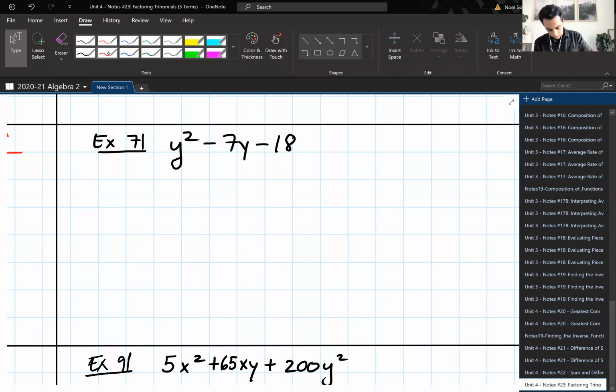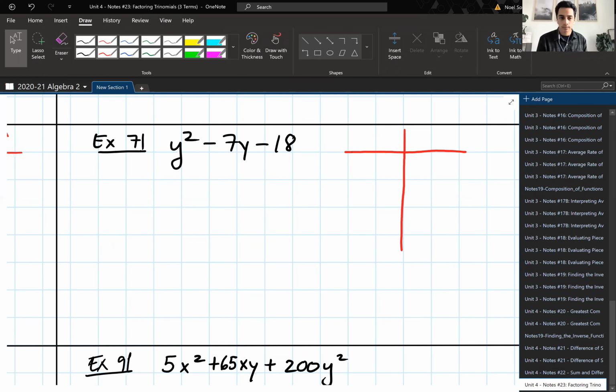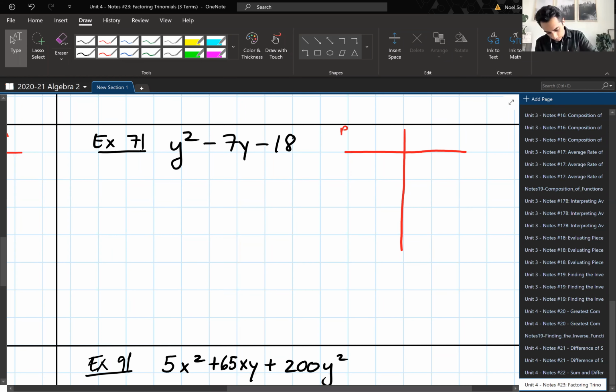What is it that we're looking for here? Okay, so we need a product of negative 18, sum of 7 or sum of negative 7? Yeah, sum of negative 7, right? Always be sure to consider the sign. Okay, so what ideas come to mind?